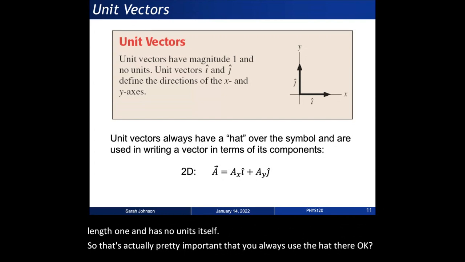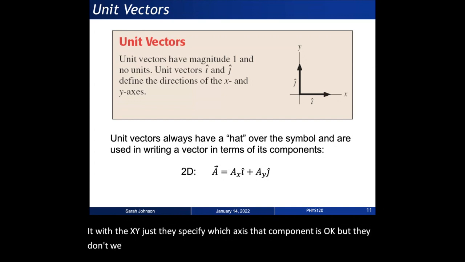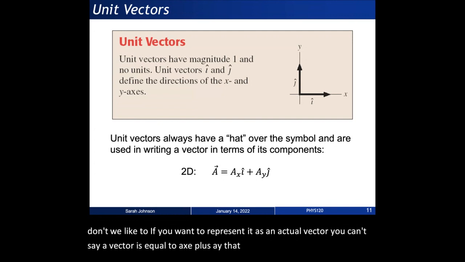The x and y just specify which axis that component is. If you want to represent it as an actual vector, you can't say vector A is equal to Ax plus Ay. That would not be true, because Ax and Ay are scalars.